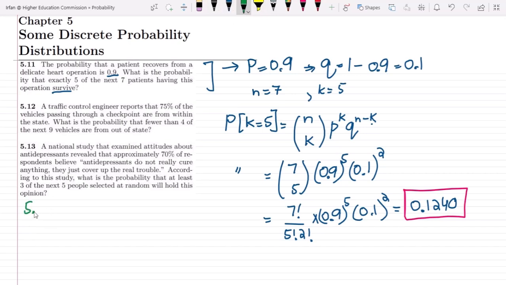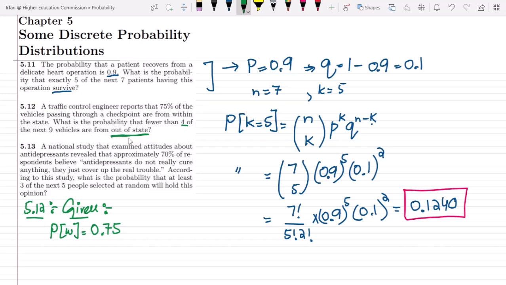In the given data, the probability that the vehicles are within the state is 75%, so the probability of within state, w, is 0.75. What is the probability that fewer than 4 of the next 9 vehicles are from out of the state?